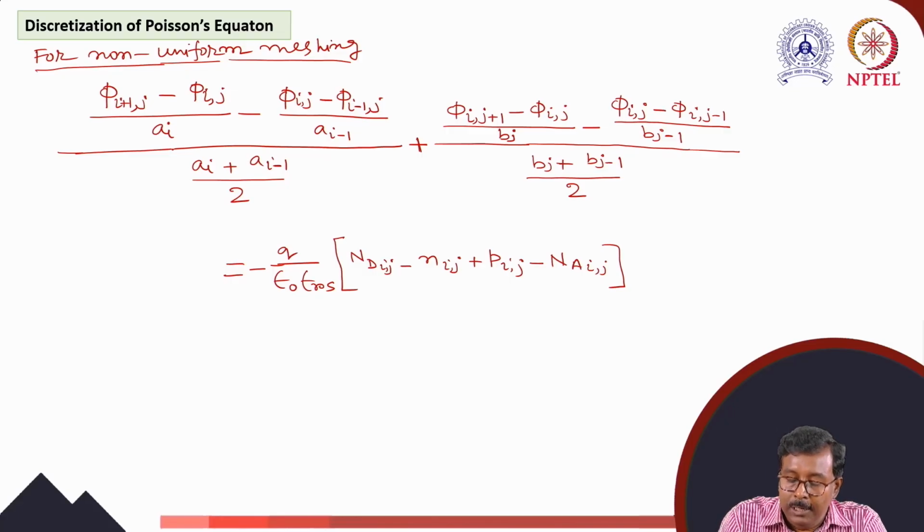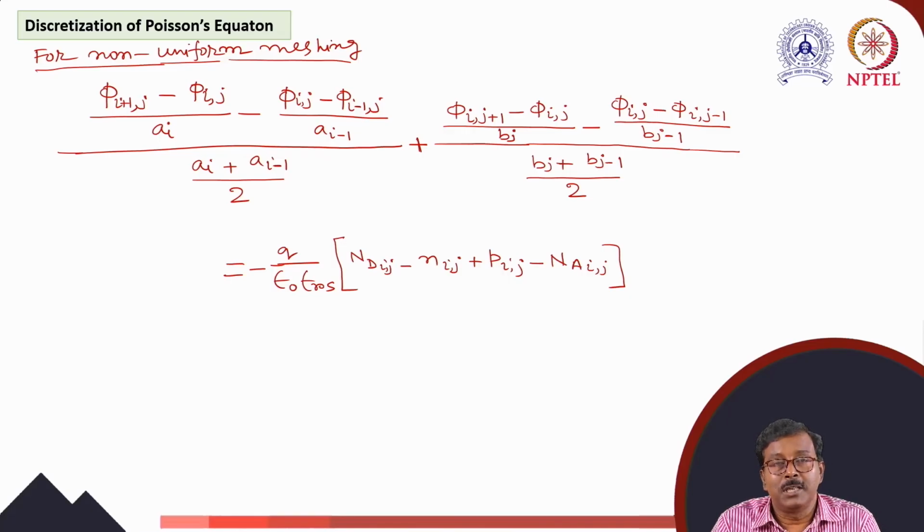Why has it been replaced by a_i and a_i minus 1? Because in non-uniform meshing, a_i may change. That is, a_i for all values of i are not equal. That's why we have defined it in terms of a_i.